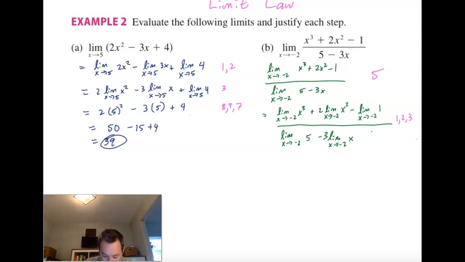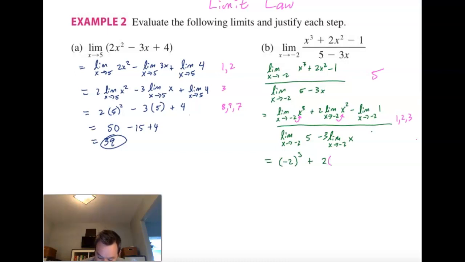We're going to use our last few steps, which is we have that law that says if you have x to the n, you're allowed to substitute the limiting value into the function. So that's going to become negative 2 to the third plus 2 times, again, same deal here. You can substitute that limiting value in.